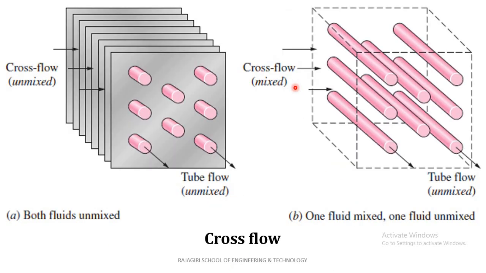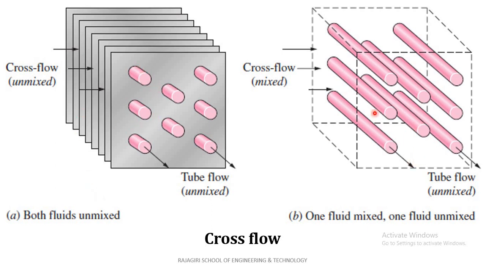The next type of heat exchanger in this classification is the cross-flow heat exchanger. There are two types of cross-flow heat exchanger. Actually, the cross-flow heat exchanger is a heat exchanger in which both fluids are directed at right angles to each other.